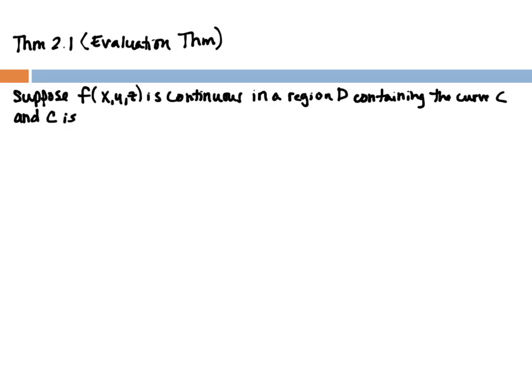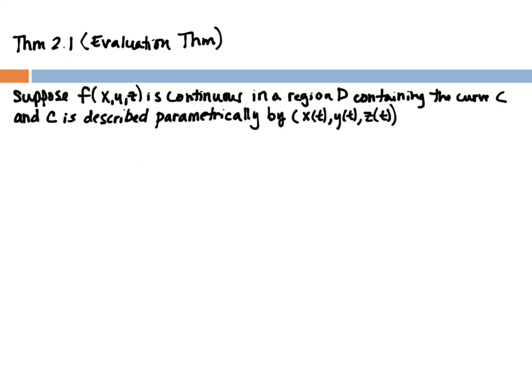And C is described parametrically by x of t, y of t, z of t, for some interval, a less than or equal to t less than or equal to b, where x of t, y of t, z of t have continuous first derivatives.